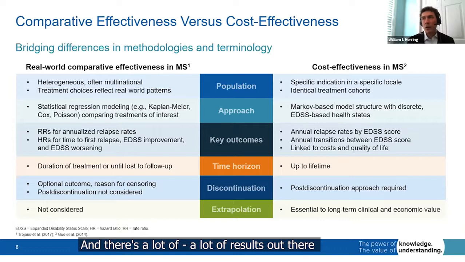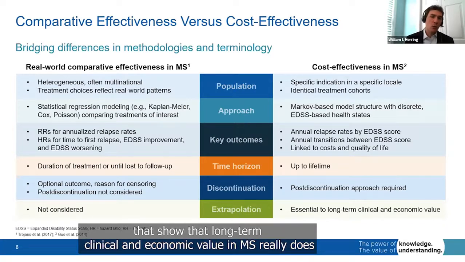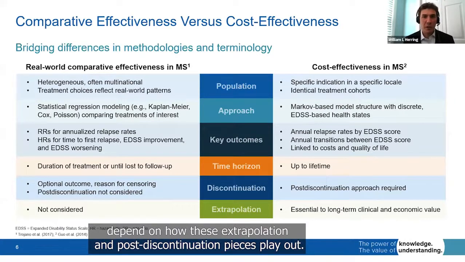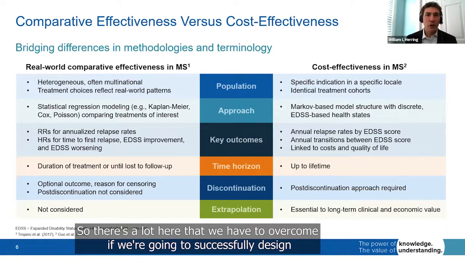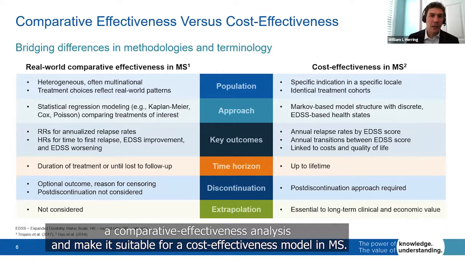And there's a lot of results out there that show that long-term clinical and economic value in MS really does depend on how these extrapolation and post-discontinuation pieces play out. So there's a lot here that we have to overcome if we're going to successfully design a comparative effectiveness analysis and make it suitable for a cost effectiveness model in MS.